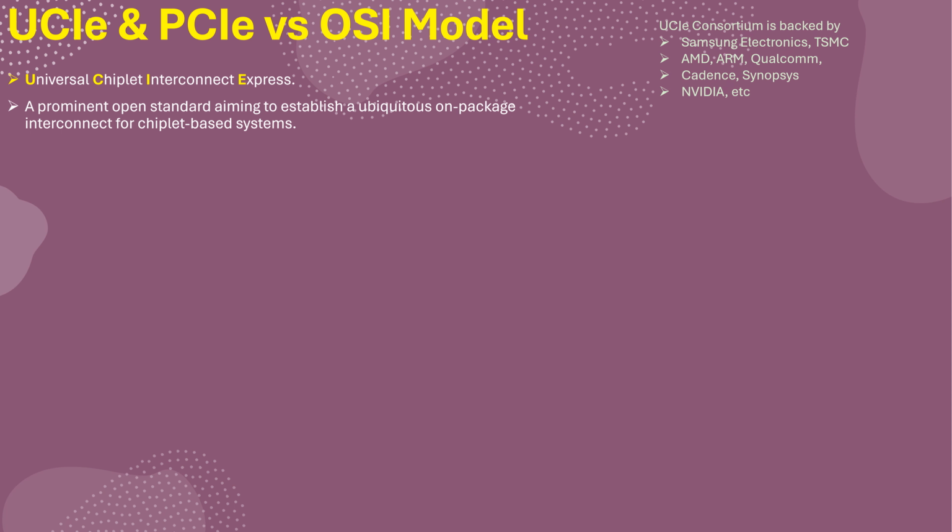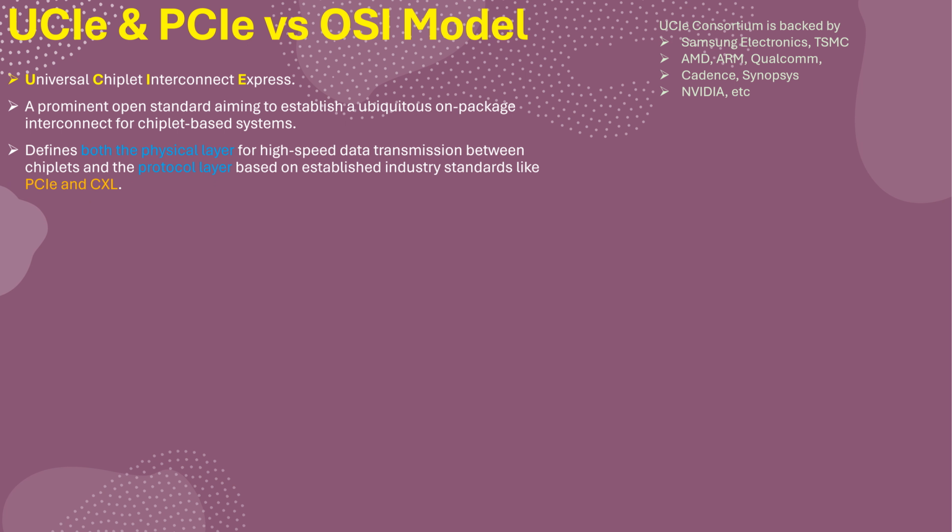The UCIe consortium is backed by foundries like Samsung and TSMC, and IP design companies like AMD, ARM, and Qualcomm, EDA companies like Cadence and Synopsys, and others like NVIDIA. So pretty much the big players are backing this UCIe consortium.